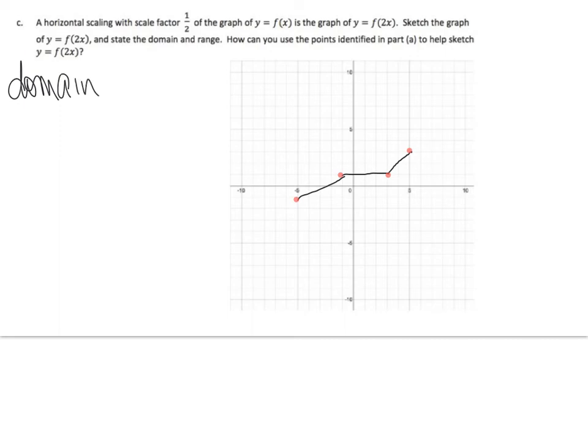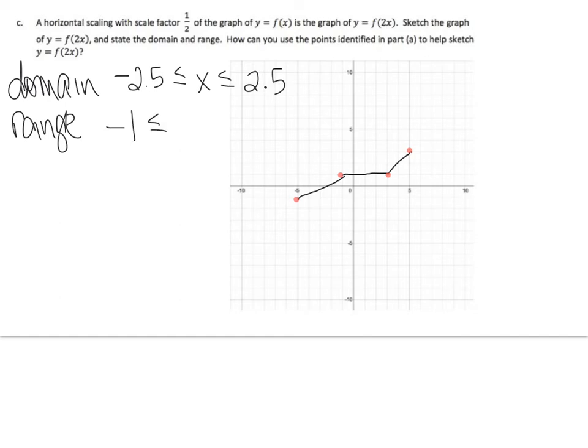And it becomes, instead of -5 to 5, it's going to be -2.5 to 2.5, and our range shouldn't actually change any. -1 to 3. I just realized a mistake on the last slide. Hold on. All right, so we have our domain and range.